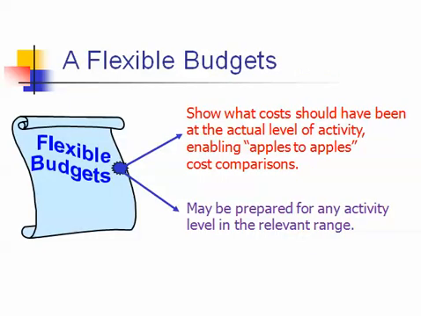To break this down and look a little further, we're going to need to prepare what's called a flexible budget. A flexible budget shows what our costs should have been at an actual level of activity. In other words, it's going to be a budget based on 400 lawns instead of 500 lawns. This will enable us to make an apples-to-apples cost comparison and an apples-to-apples revenue comparison. We can prepare a flexible budget for any level of activity within our relevant range.